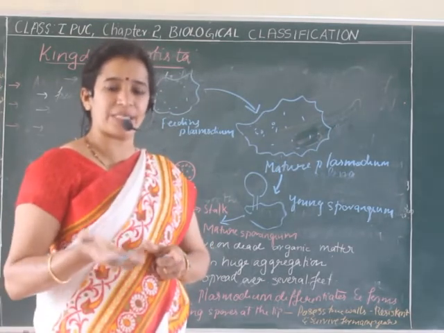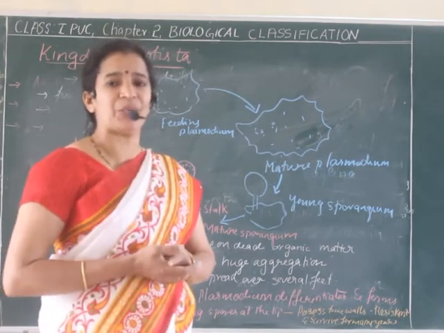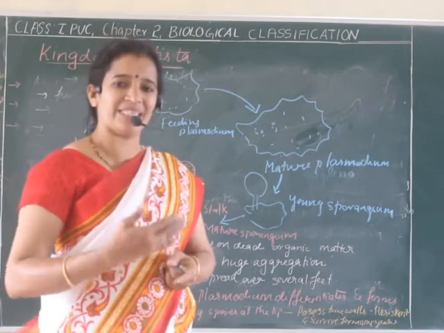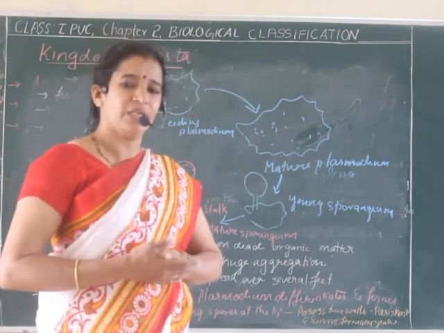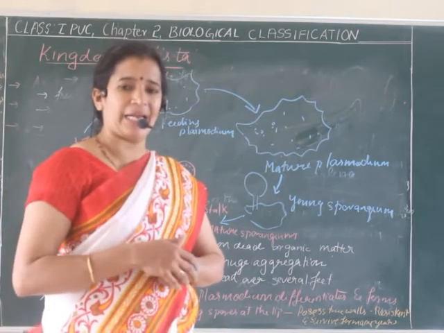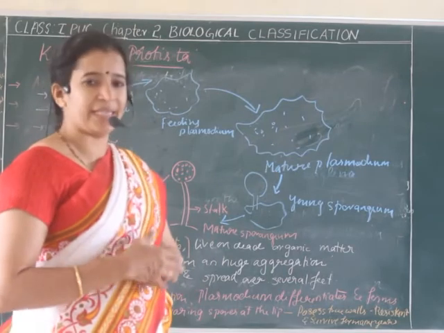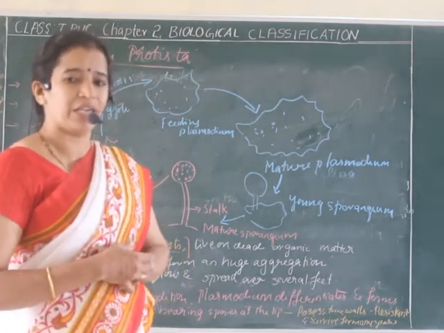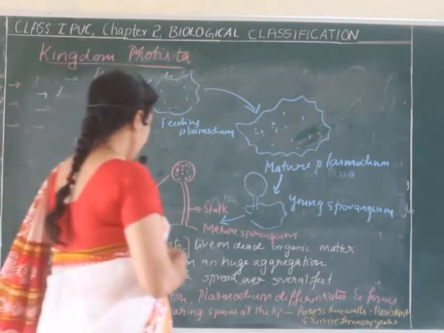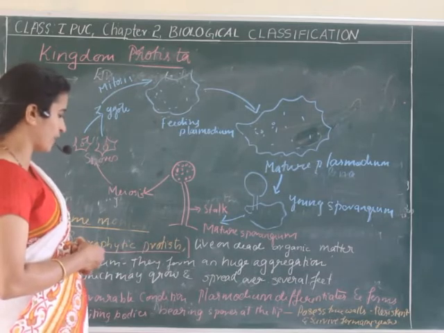So in any adverse condition, they can survive and continue their generation. This shows that the organisms are now moving on to development, able to survive even in adverse conditions, and thereby continue their generation even if conditions are not favorable. Got it cleared? Once again I'll repeat, and then let me go to the next topic.